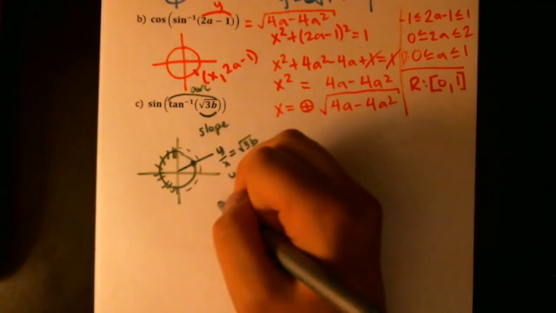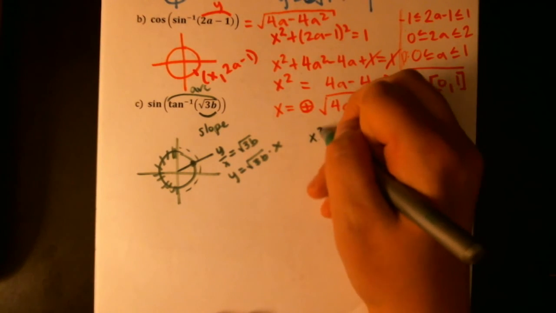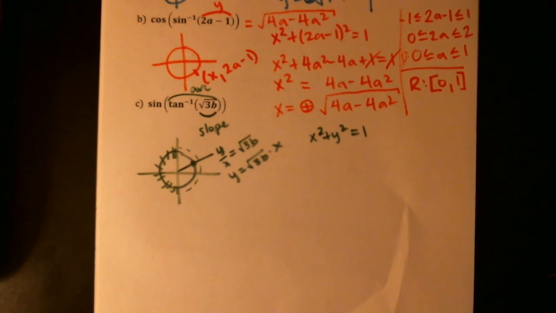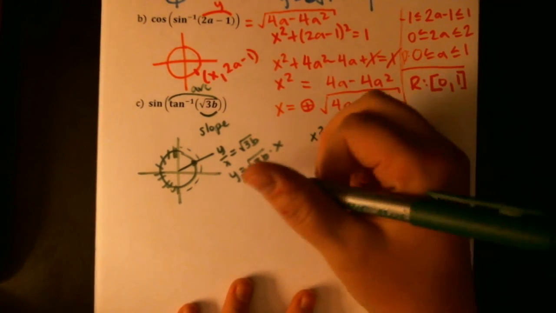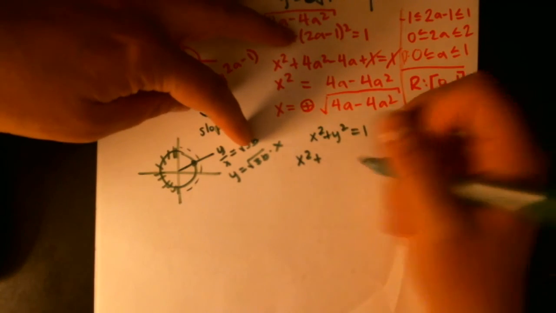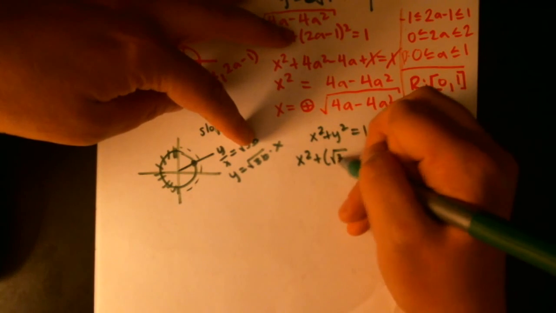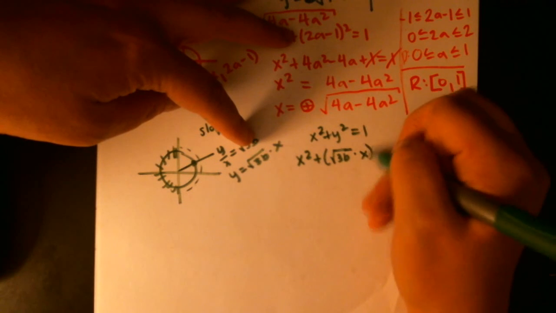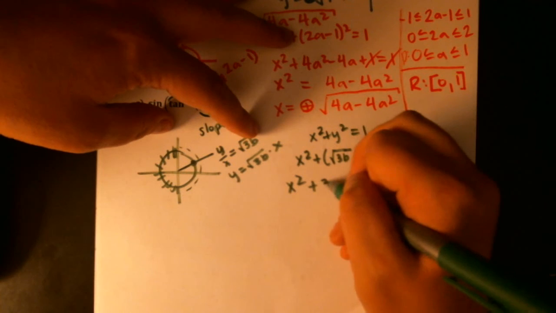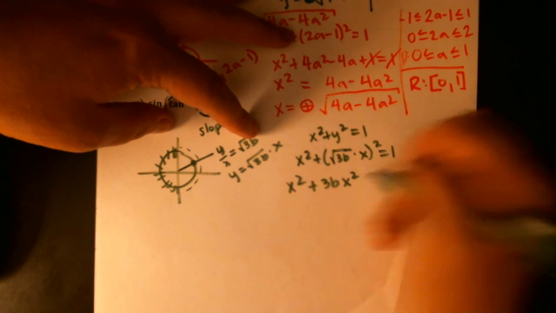We also know that x squared plus y squared is always equal to 1, so the point is on the unit circle. So if we plug in our y, we get x squared, and this actually works out really nicely. Root 3b times x, squared, becomes 3b times x squared.